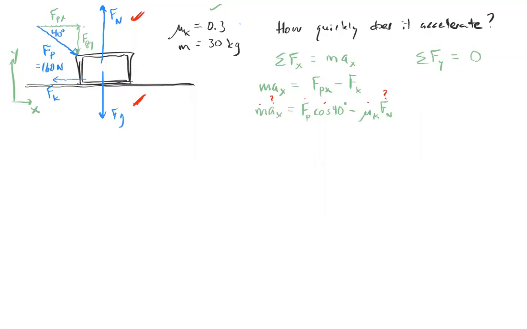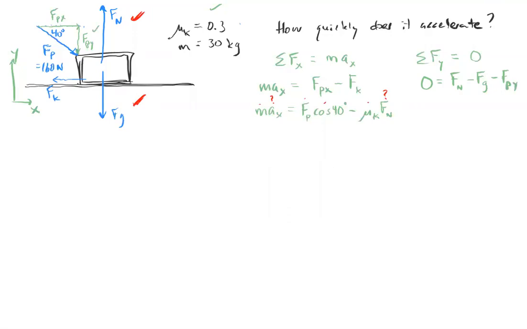F sub n, again, we want to look at the vertical forces. And the reason we want to do that is because F sub n is a vertical force in this problem. And so we can write out that 0 is going to be equal to F sub n up, F sub g down, so the minus sign, and the y component of the push also down, right? This guy right here, okay?